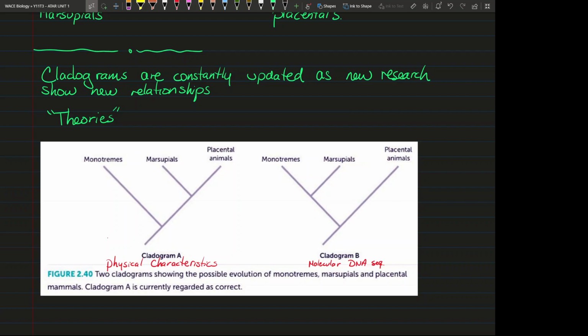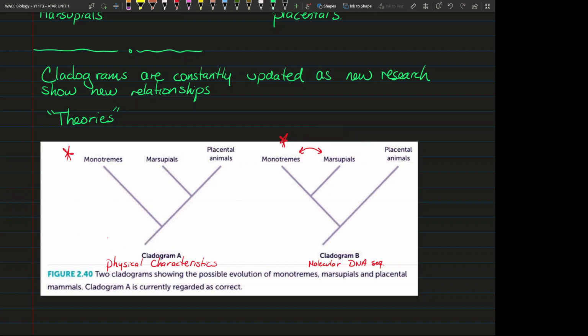To give you an example here, you have cladogram A, where you are basing it primarily on physical characteristics. And then you have cladogram B, with the same three types of organisms, basically monotremes, marsupials, and placentals. But in this case, the cladogram is organized by molecular DNA sequencing, which shows that these two have more similarity with each other than each of them has with placental animals.